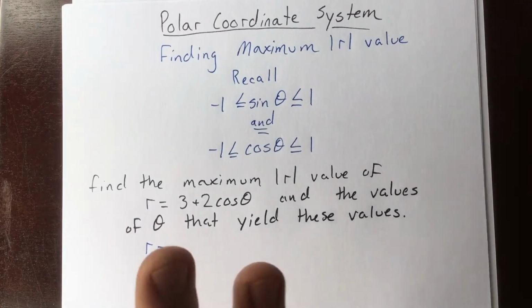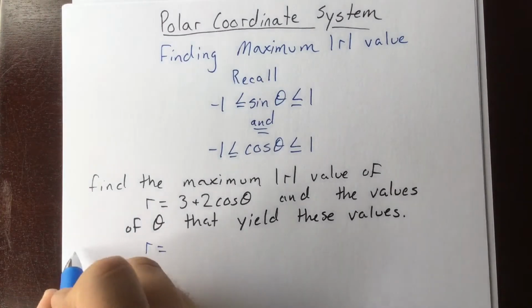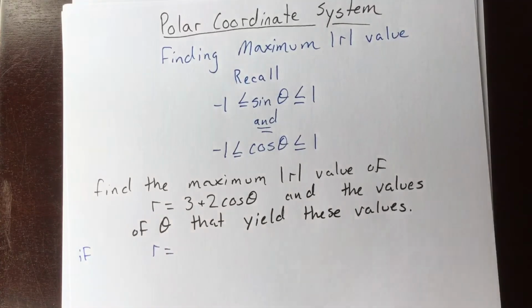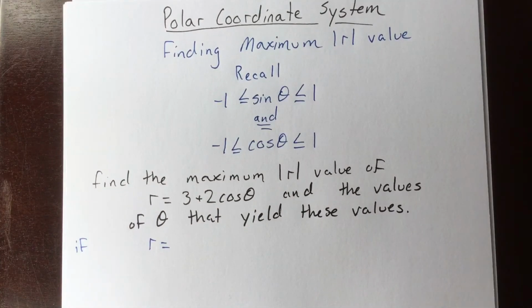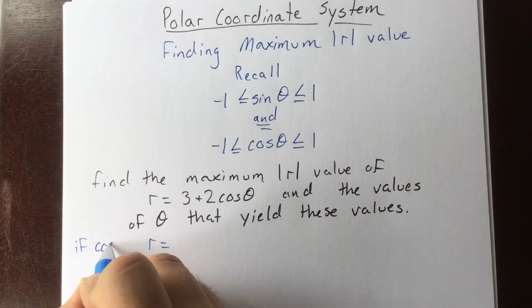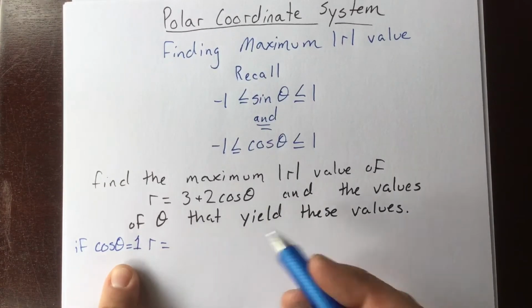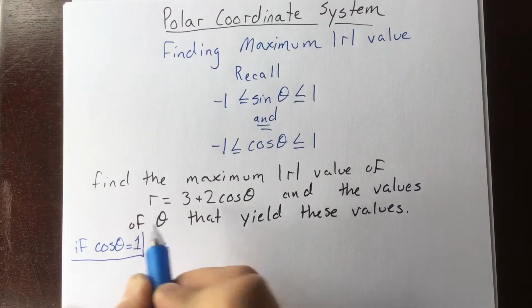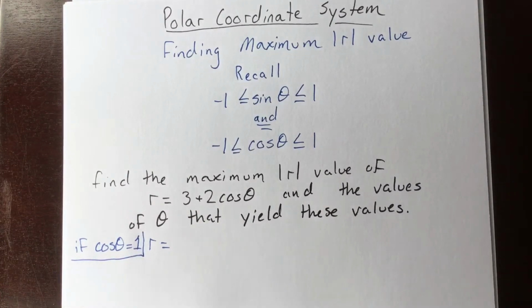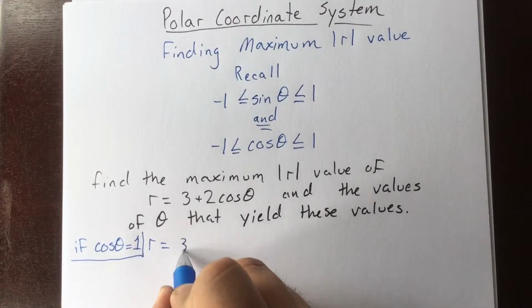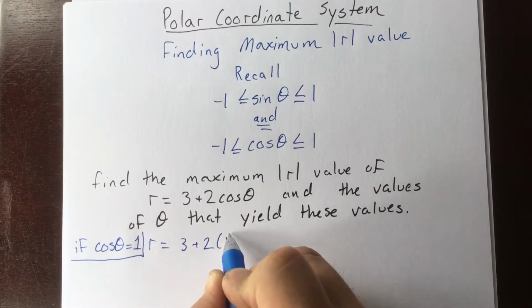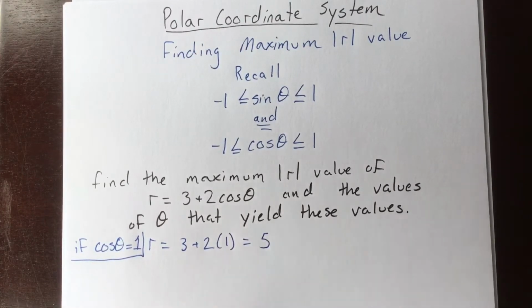So, if we set cosine of theta equal to +1, okay? So we're going to test the +1, and we're going to test -1. So 3 plus 2 times 1 equals, well, 5.